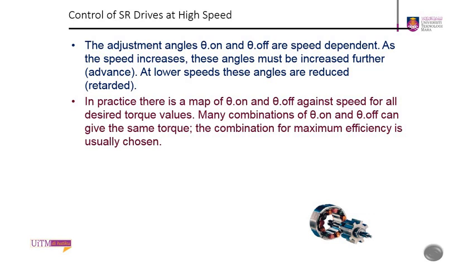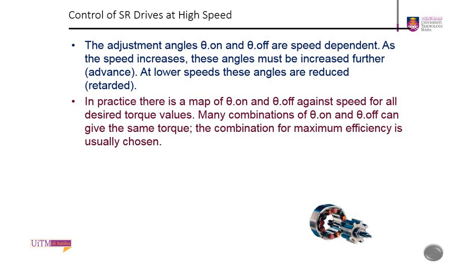In practice, there is a map of theta on and theta off against speed for all desired torque values. Many combinations of theta on and theta off can give the same torque, and the combination for maximum efficiency is usually chosen.